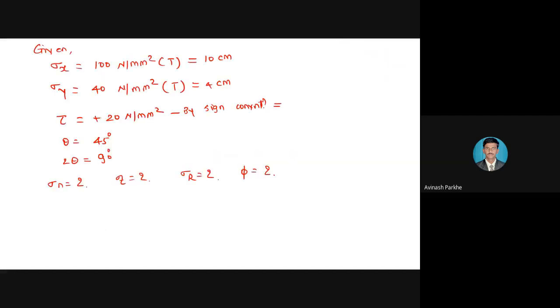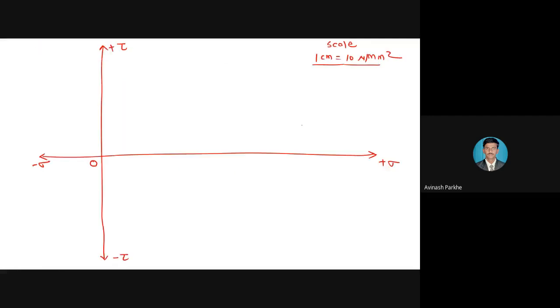Therefore, if the tau is given as 20 Newton per mm square, then it is equal to 2 centimeter. So how is it selected? By this scale. So 10 centimeter, 4 centimeter, and 2 centimeter. So write down all these parameters in your notebook also, and accordingly convert it according to the selected scale.